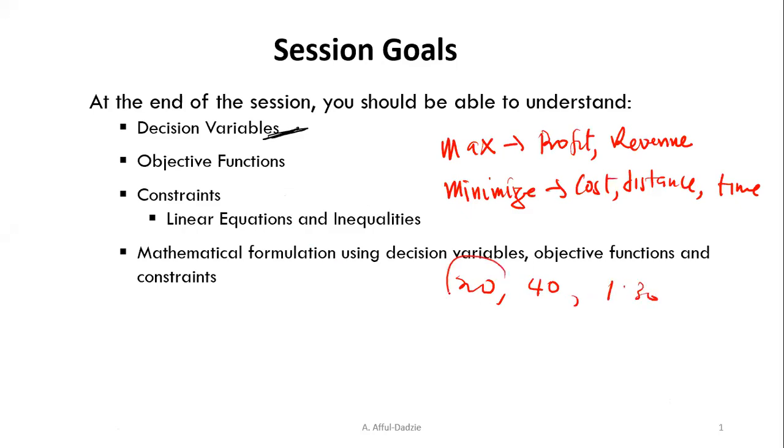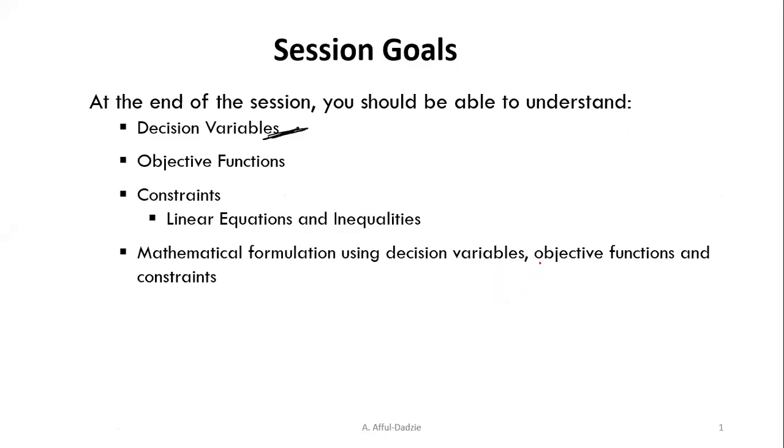Obviously, a lot of us will go for the 20 minutes option because it minimizes time. So these are the decisions that businesses always make. If you're even assigning employees to a task, you want to assign the least possible number of workers to a place and get the maximum output out of them as much as possible.